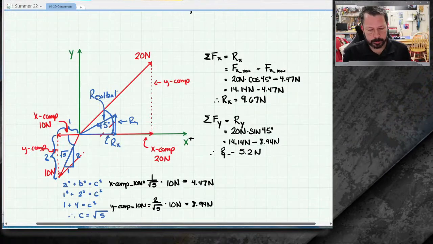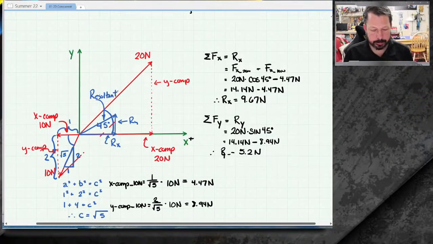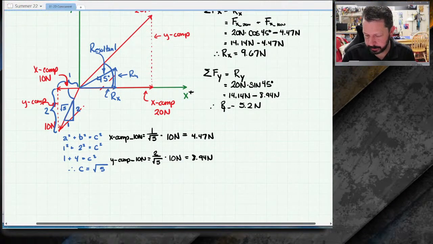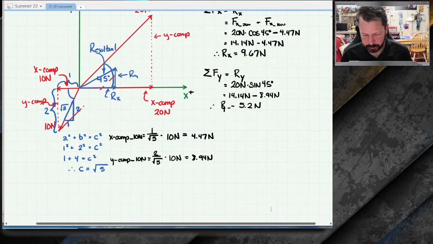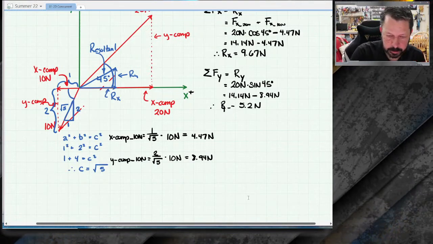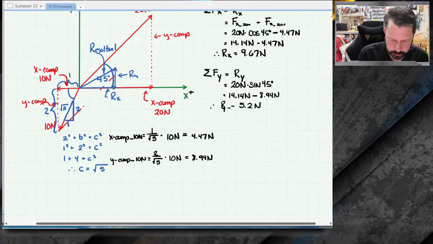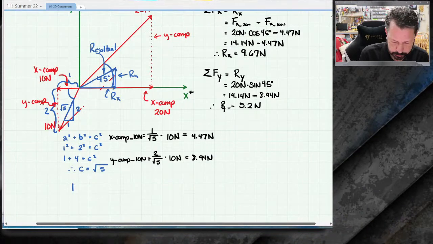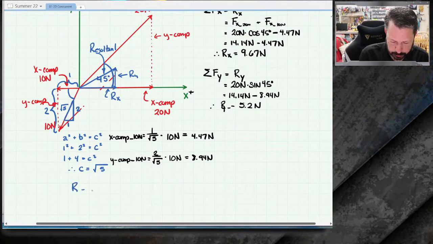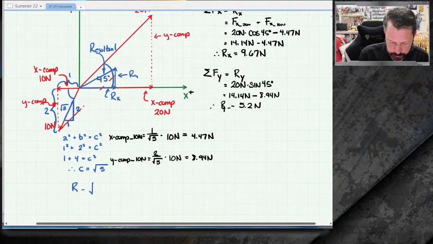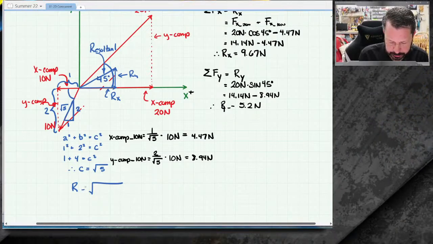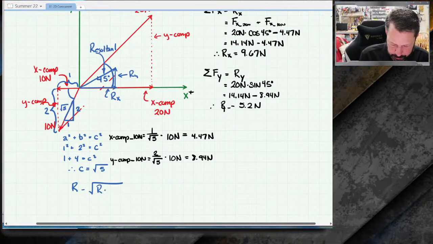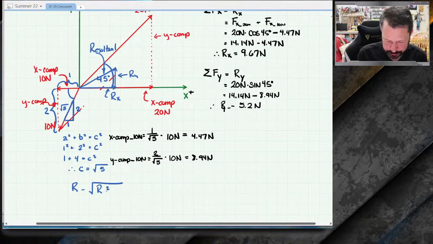If I want to know the magnitude of the resultant, R equals the square root of Rx squared.